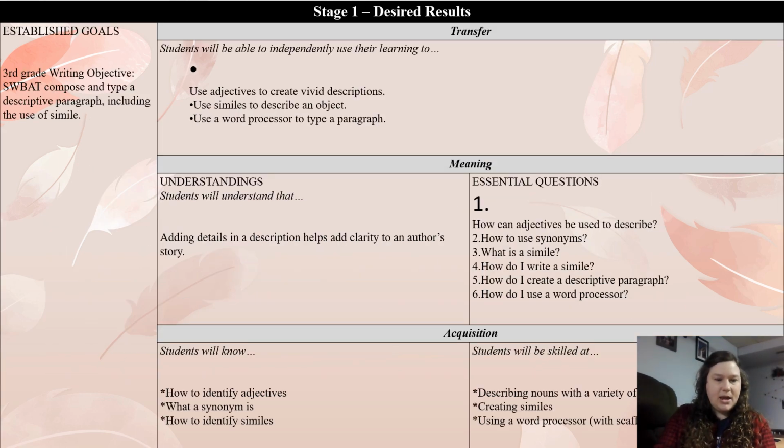In terms of my unit, my understanding I wanted students to take away was that by adding details in a description, you can help to clarify your meaning. And I think that all of the tasks that we did showed that students came away with that understanding by looking at pictures and adding descriptions.